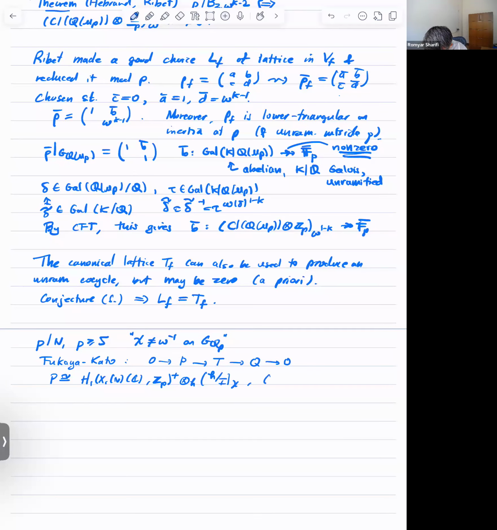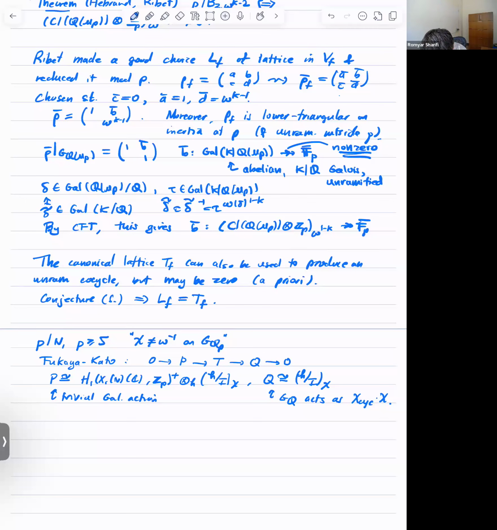And Q, as a Hecke module, is just like H mod I. So it's free of rank 1 over H mod I, and this has trivial Galois action. And here, G_Q acts as omega, or maybe chi, the cyclotomic character times chi.